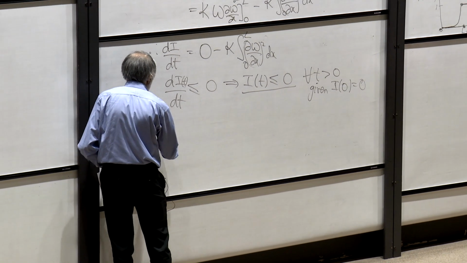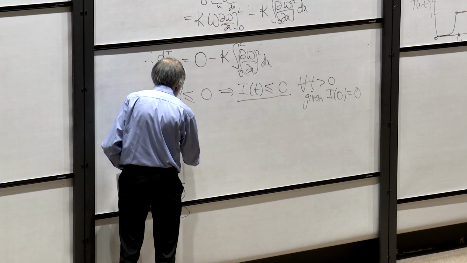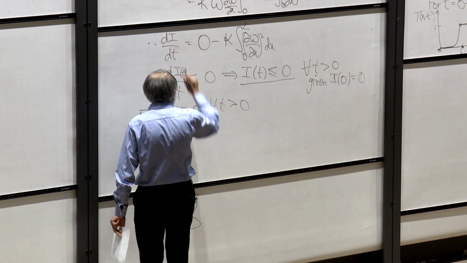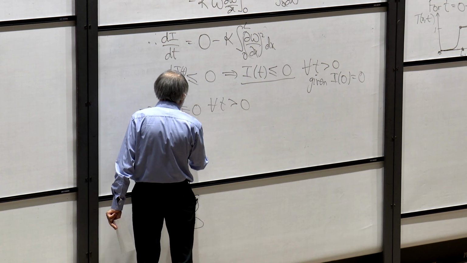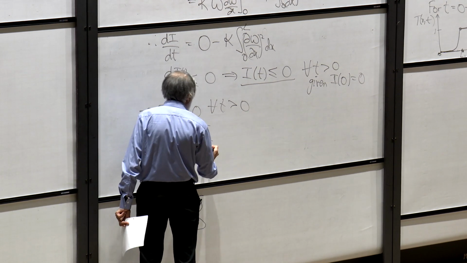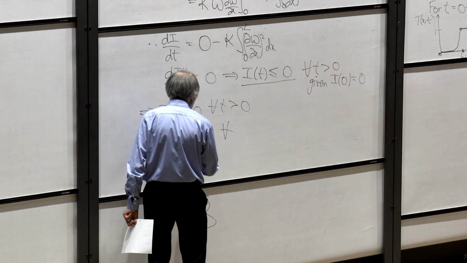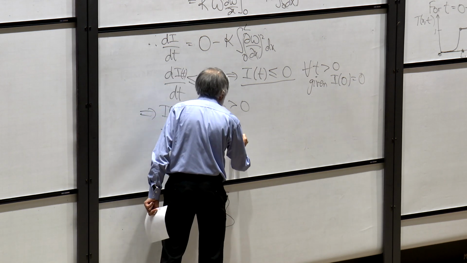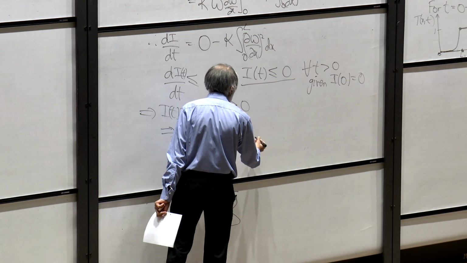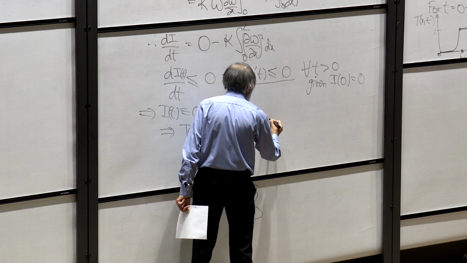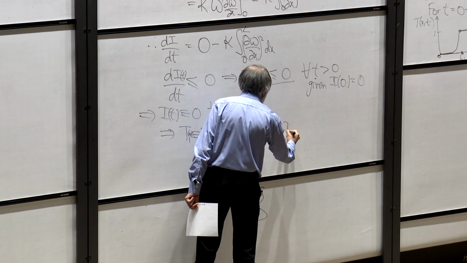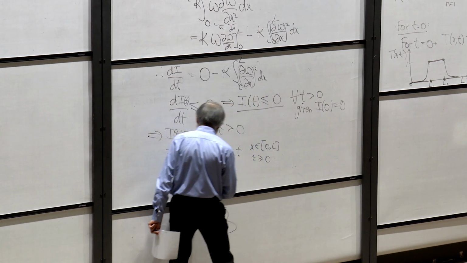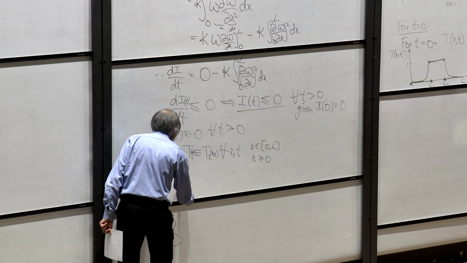So that implies I of t is equivalent to 0, and that implies that T1 is equivalent to T2 for all x and t in the domain, x an element of 0 to L, t greater than or equal to 0. So we've got uniqueness.